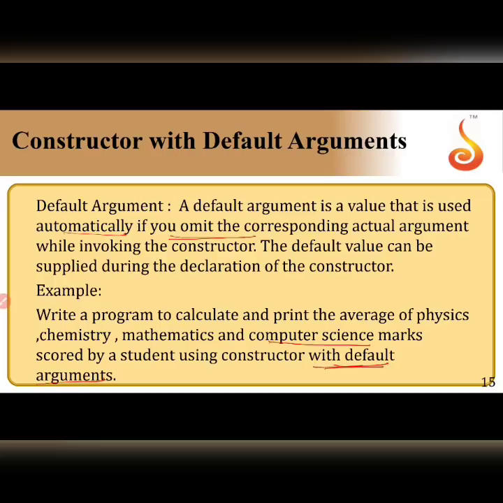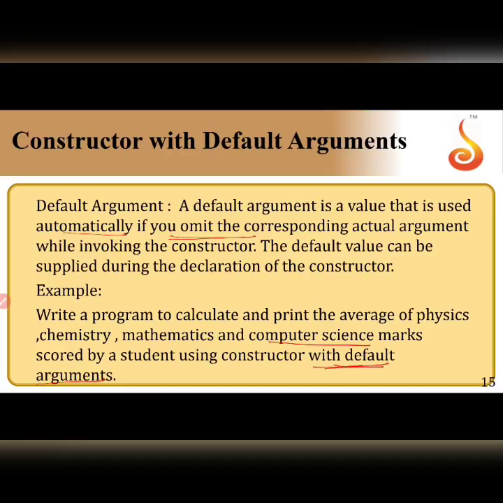Getting it? So now we'll do one program here, a program to calculate and print the average of physics, chemistry, mathematics and computer science marks scored by a student, and you need to print it using constructor with default arguments.